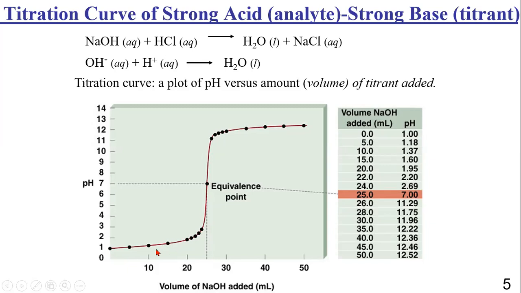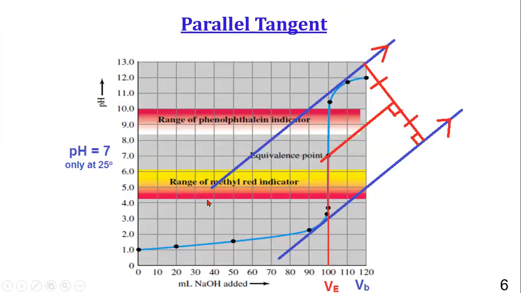And you could extrapolate the volume. Where would that be? Anywhere across this area. Now, to be more exact, you would do the parallel tangent. You take two parallel lines on the tangent where the curvature starts to increase, and you take the midpoint of the perpendicular line between those two parallel lines.